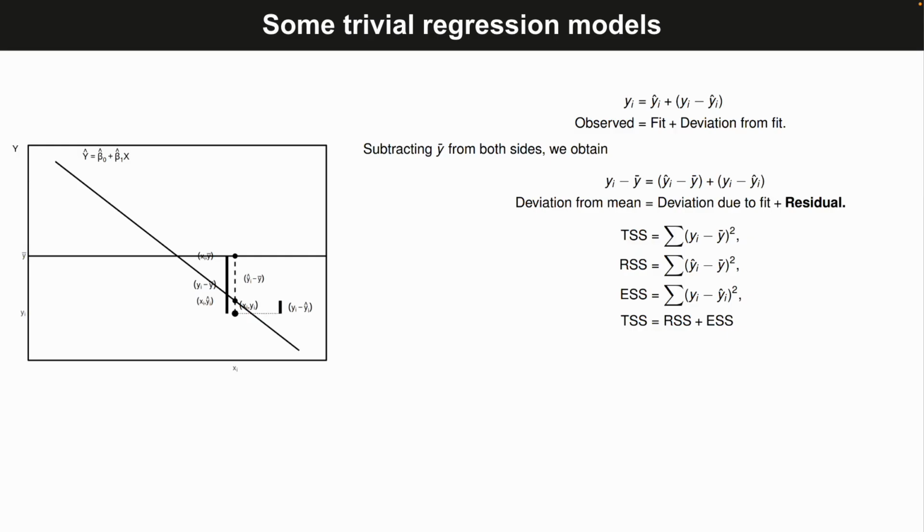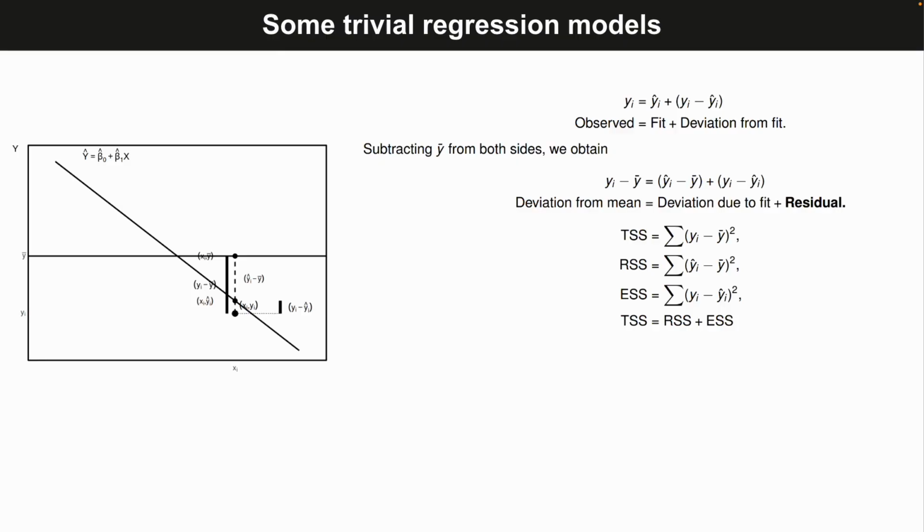In the RSS version, what you've done is you have calculated how much your yi differs from the predicted value of yi, and we'll not do the calculation, but again you can do that expansion and you'll find out that in any model the total sum of squares is a function of what cannot be explained by the model, which is the residual, plus what you indeed can explain by the model, which is the explained sum of squares, essentially a measure of how much yi hat differs from y bar, right?